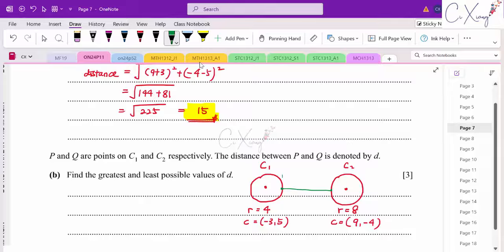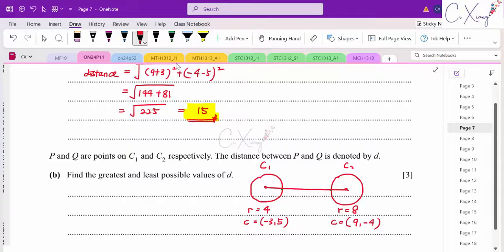Or maybe what we want to do is think about the perpendicular distance between the 2 points on the circles.